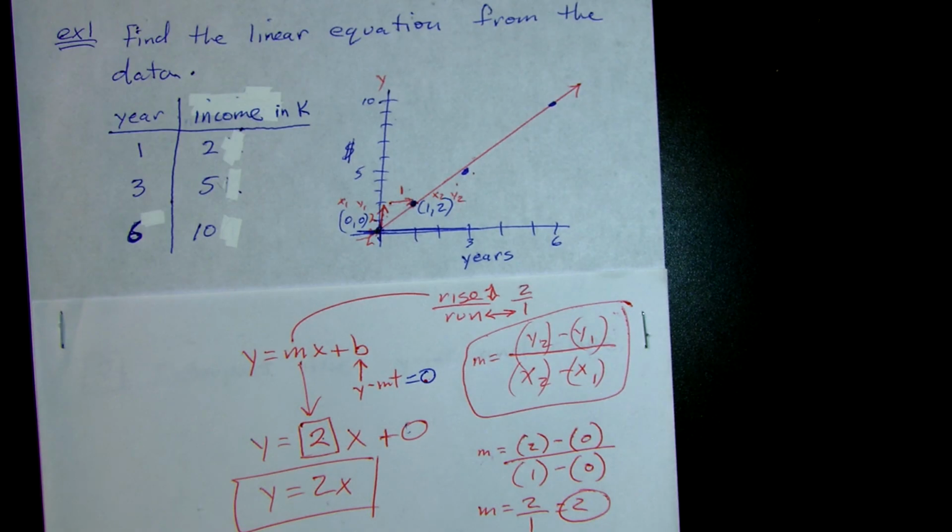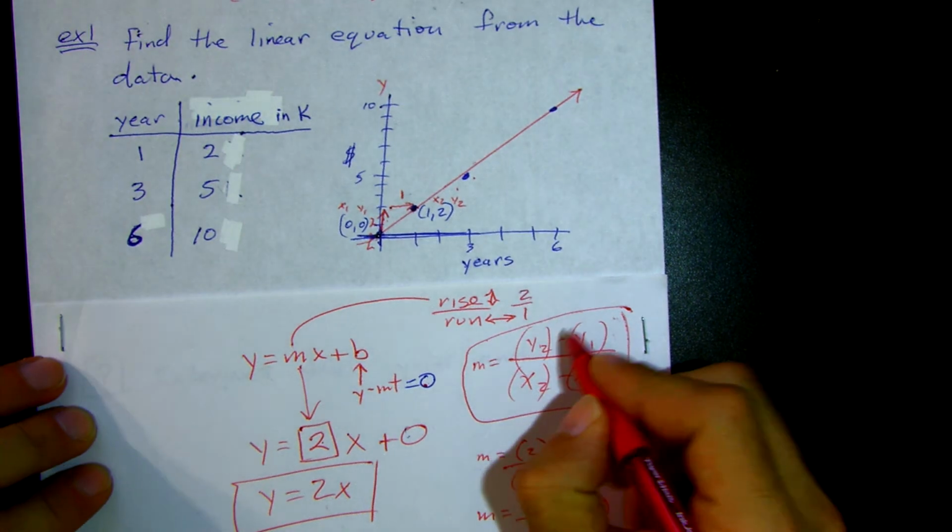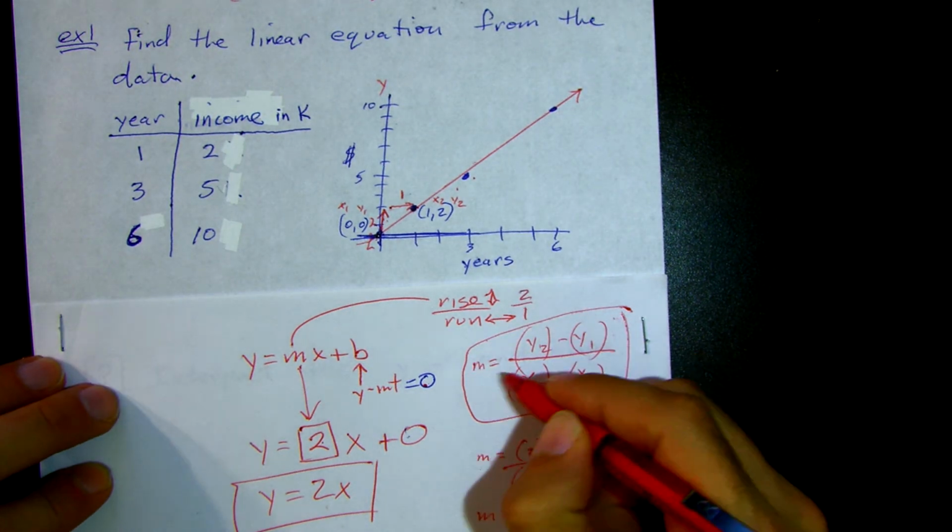Yeah, what's up, Sienna? I don't understand how you came up with all the numbers for the m, like the 2 minus 0 over 1 minus 0. Okay, so remember that we can find the slope using this more complicated manner.